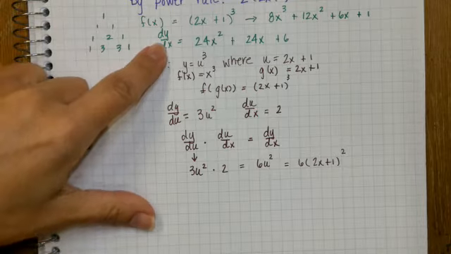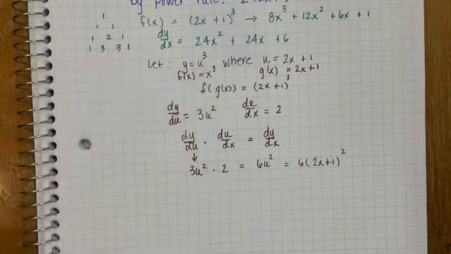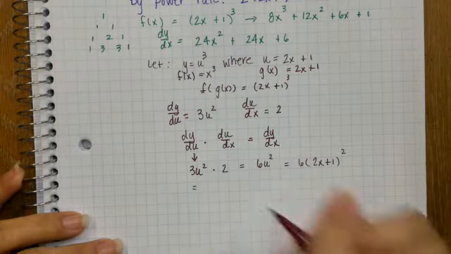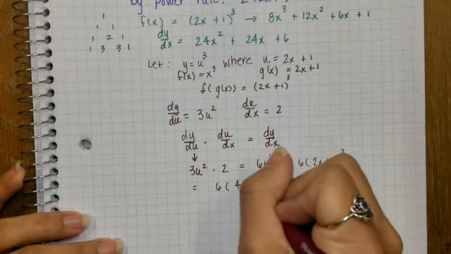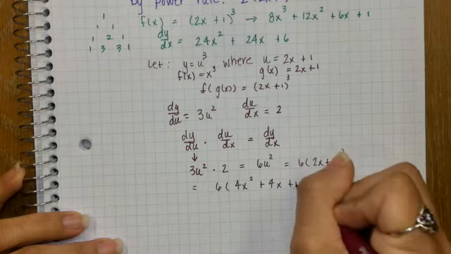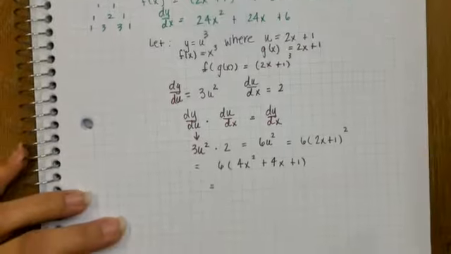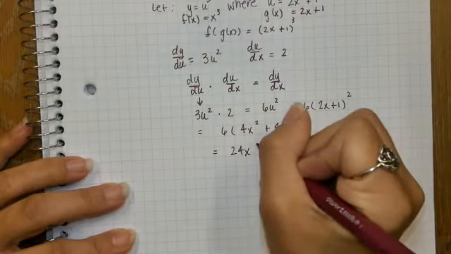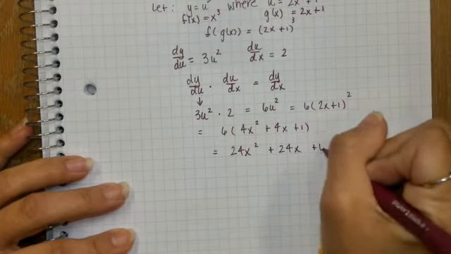This doesn't look the same. dy dx, we said was 24x squared plus 24x plus 6. But guess what? This is 6 times 2x plus 1 squared, I believe, is 4x squared plus 4x plus 1. And that indeed is 24x squared plus 24x plus 6.